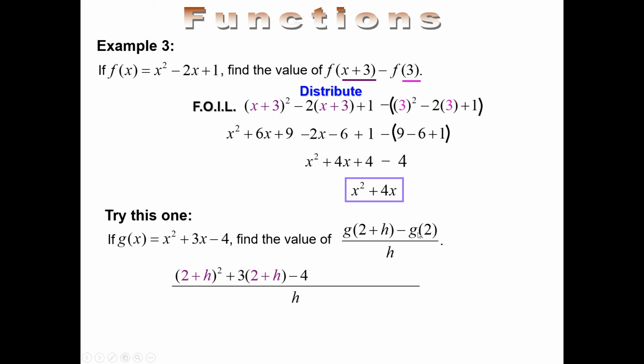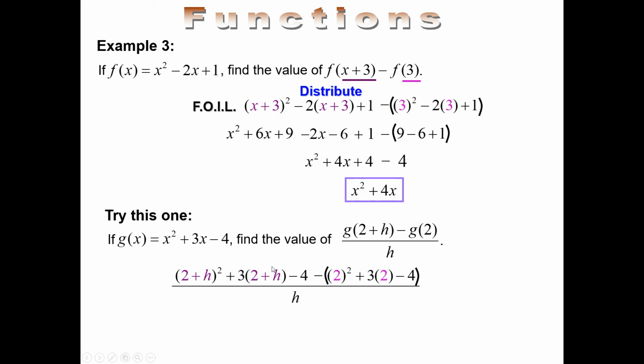And then I'm going to subtract g of 2. So I'm going to take this 2 and plug it in here and here. And I can simplify. Remember the shortcut? 4 plus 4h plus h squared.